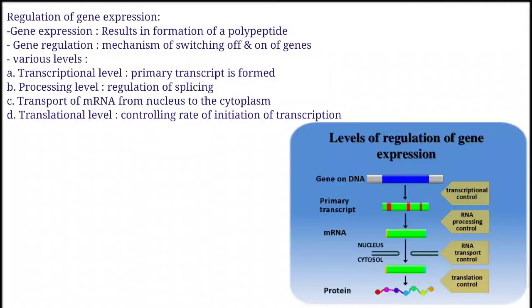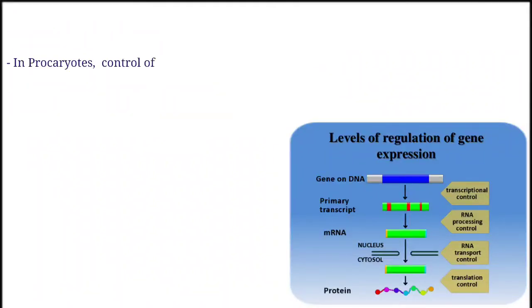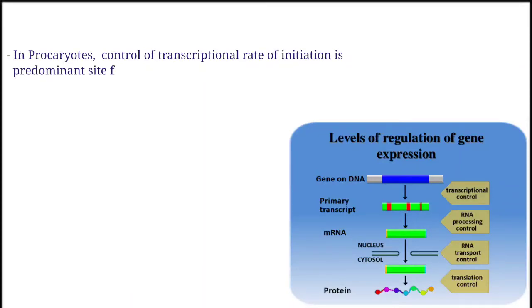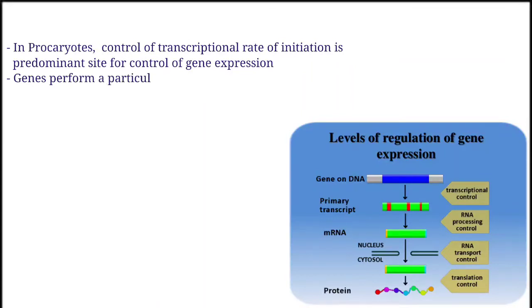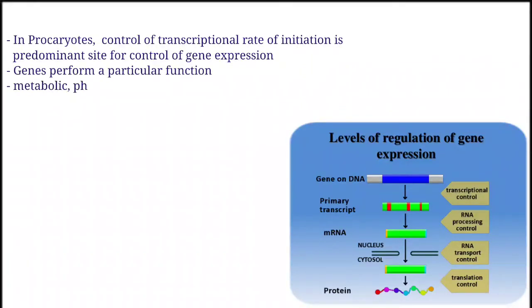In prokaryotes, gene expression is regulated by controlling the rate of initiation of transcription. The control of the transcriptional rate of initiation is the predominant site for control of gene expression. The genes in a cell are expressed to perform a particular function or a set of functions.